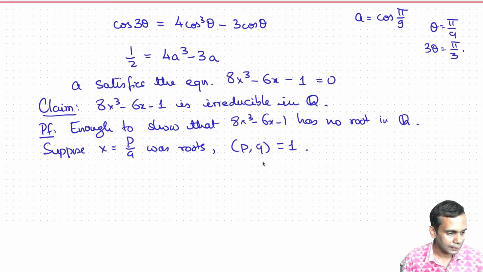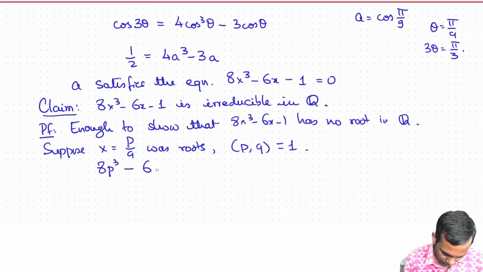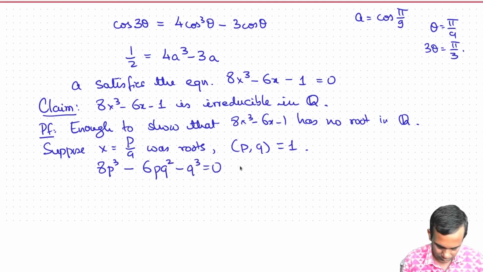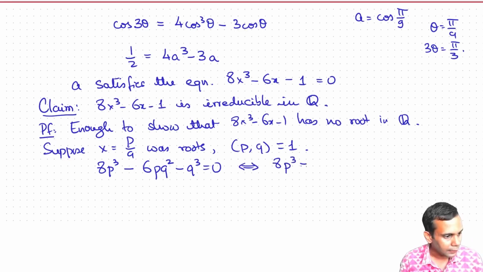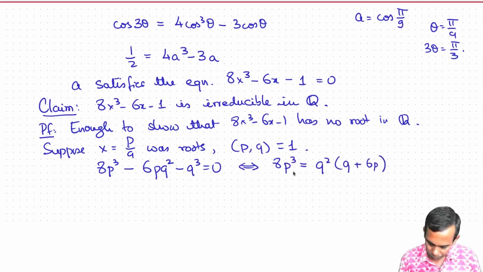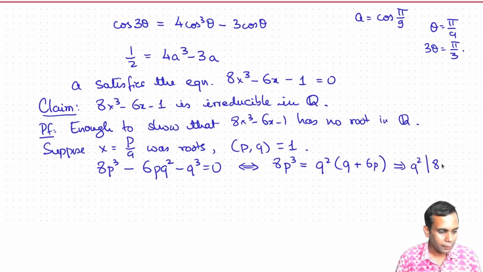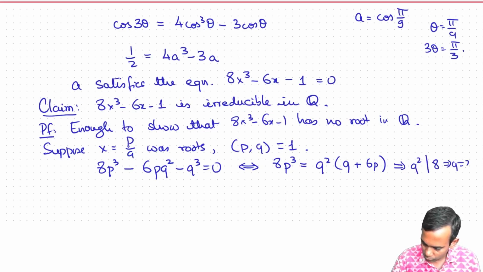Then what we have is 8p cubed minus 6pq squared, just multiplying through by q cubed, minus q cubed is equal to 0, which is the same as saying that 8p cubed is q squared into q plus 6p. Now p and q are co-prime, so this means that the only common factors of q can be with 8, and so this means that q squared divides 8, which means that q equals 2 or q equals 1.